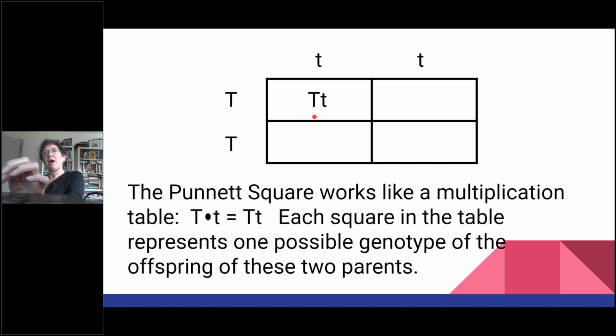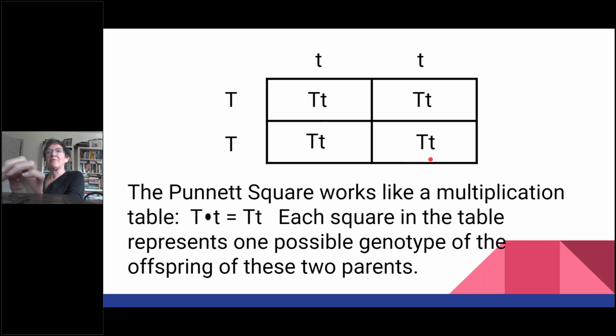So that's one offspring. Here's another possibility. The offspring could get this lowercase t and this uppercase T, and it would look like the same thing. Why? Because those are the options that we have. Here's another possibility, this uppercase T and this lowercase t.